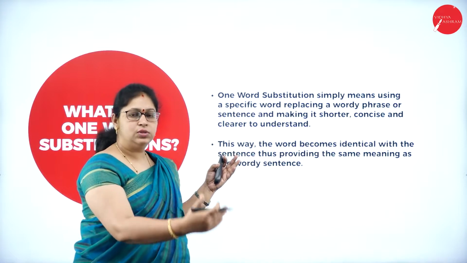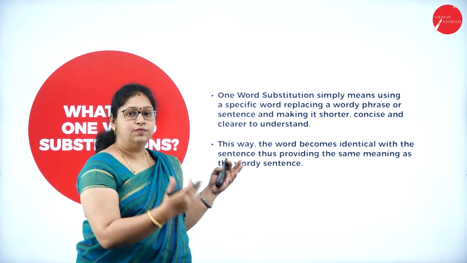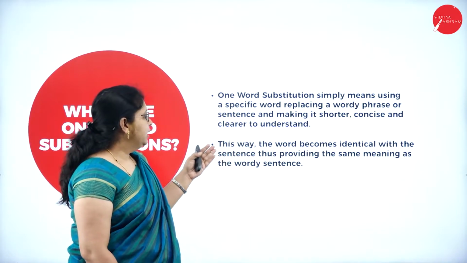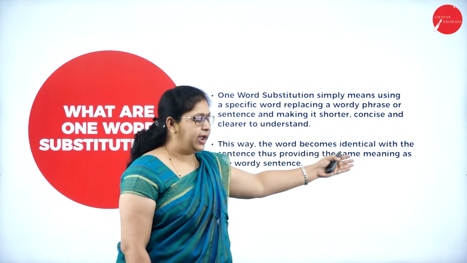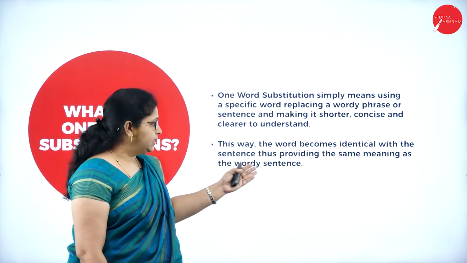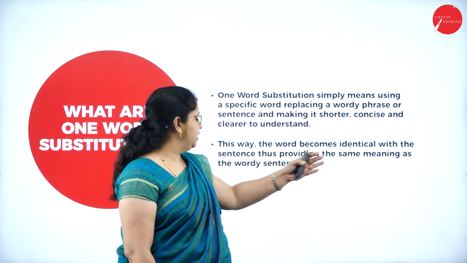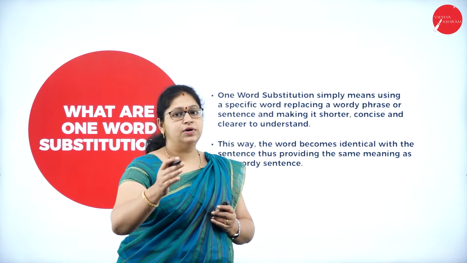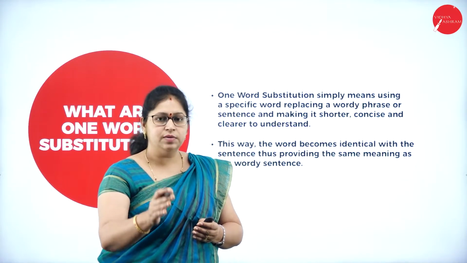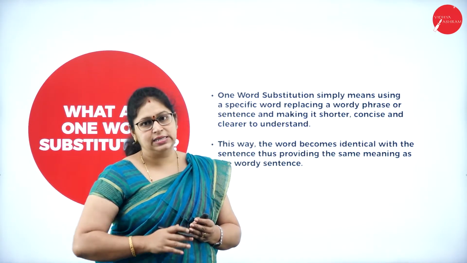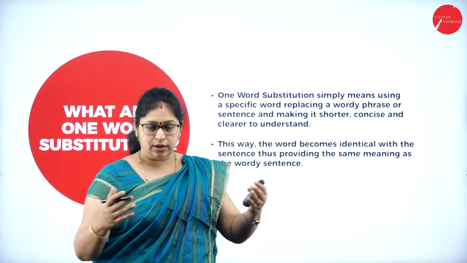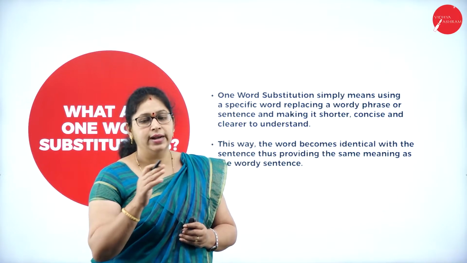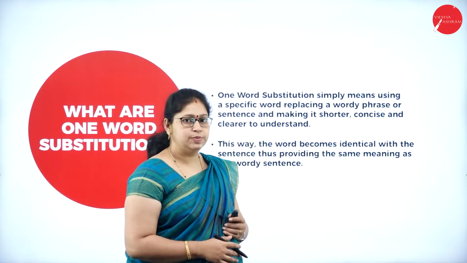For that we use a word in English. That word is called a one-word substitution. This way, the word becomes identical with the sentence, thus providing the same meaning as a wordy sentence. That word will be only for that sentence. So, instead of using that long sentence, a word can give the same meaning. That is called one-word substitution.